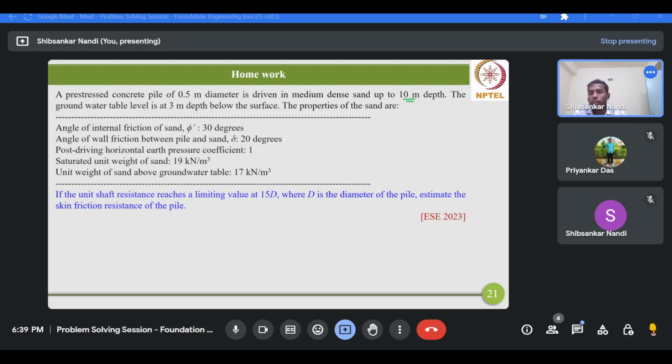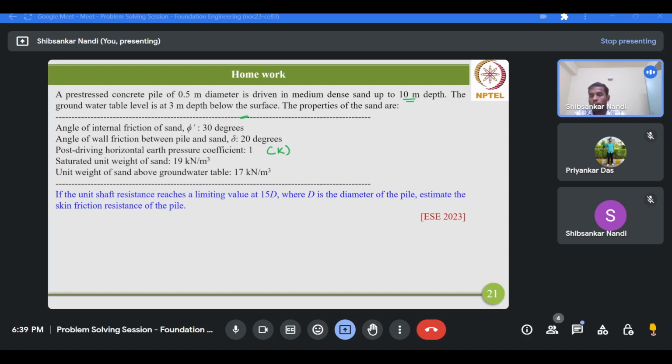The groundwater table is at 3 meter depth below the surface, and the properties of the sand are given as: angle of internal friction of the sand is 30 degrees, angle of wall friction between pile and sand is 20 degrees, post driving horizontal earth pressure coefficient, that is this K value, is given as 1, saturated unit weight of the sand is 19 kilonewton per meter cube, and unit weight of sand above groundwater table is 17 kilonewton per meter cube.